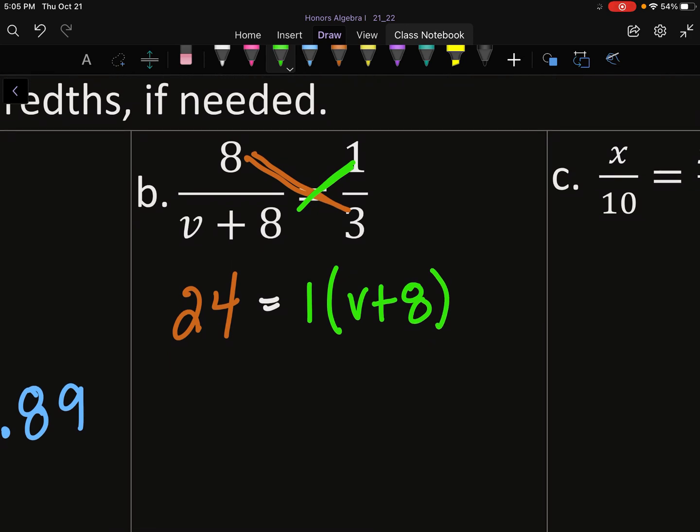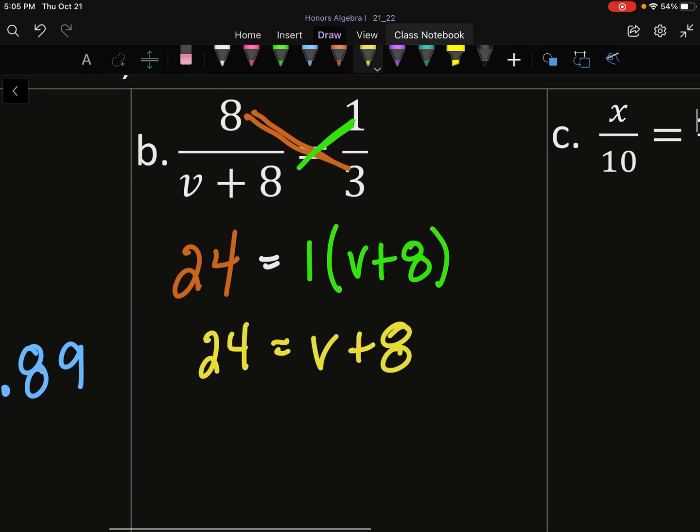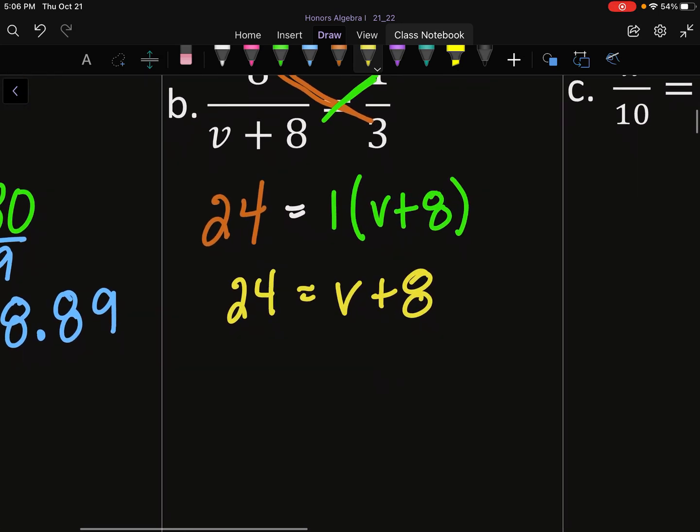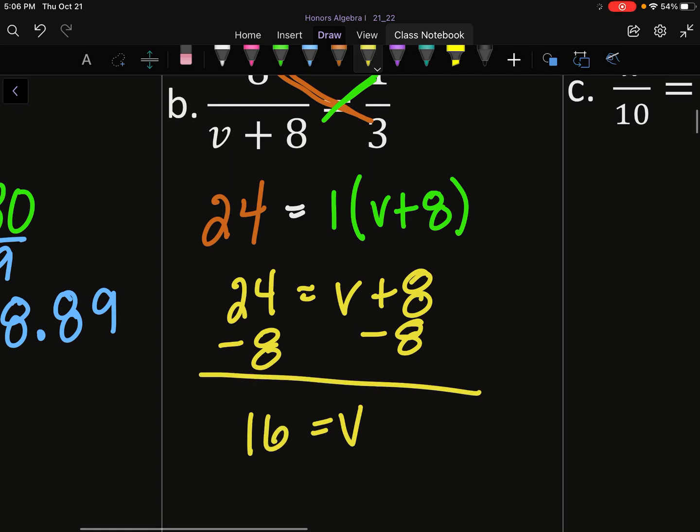I'm doing it just to show that we would typically have to multiply whatever is on the outside to everything inside of the parentheses. I just dropped the parentheses there, and then I'm going to subtract the 8. So v is equal to 16.